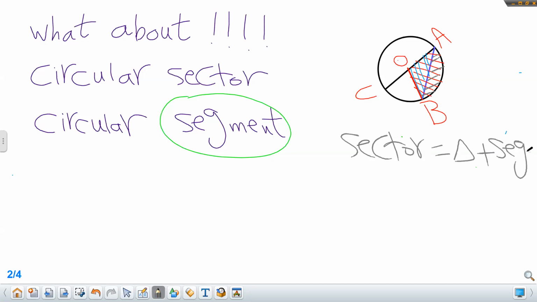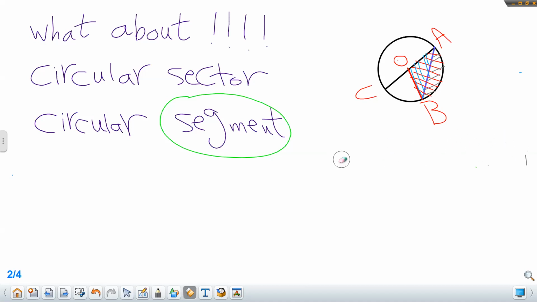Triangle plus segment. Okay. But now we must know the area of the circular sector, the area of the triangle, and the area of the segment. First, what about the area of the sector? You must know the area of the sector is a part of the area of the circle.